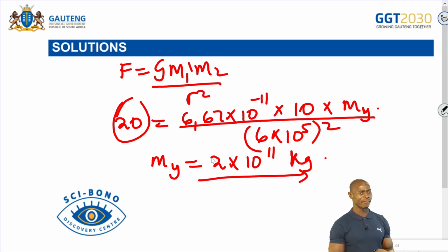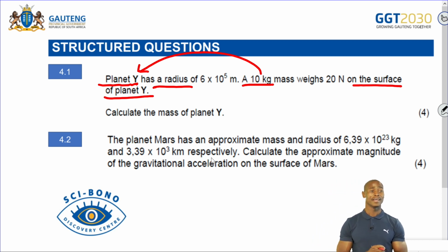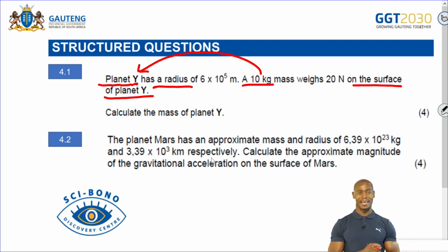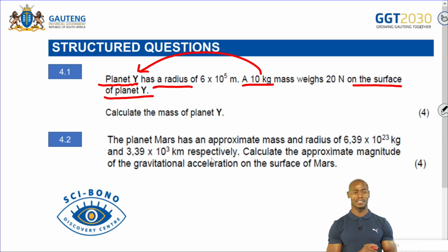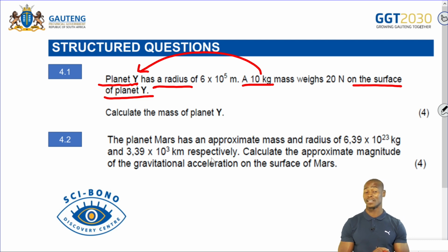Then I'm checking if we have another method that we can use here. Unfortunately, we don't have weight on this planet, so there's no way that we can use another equation. So let's check the second equation. Then 4.2: the planet has an approximate mass and radius of 6.39 times 10 to the power 23 kilograms and 3.39 times 10 to the power 3 kilometers respectively.